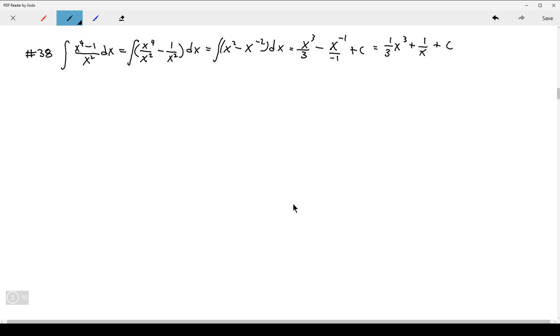What else could we do here? If I have a product... Let's do this one. I think number 40 is going to be my last one. I think that'll give you enough to work with. So let's do number 40.